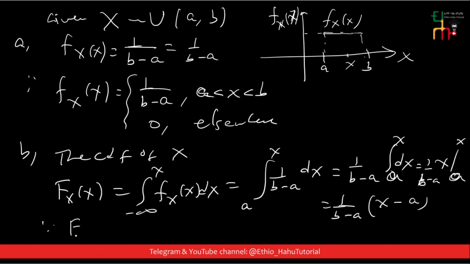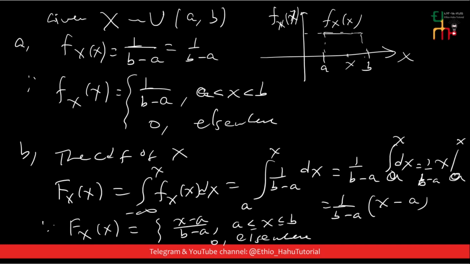Therefore, the cumulative distribution function CDF of x is equal to x minus a over b minus a for a less than or equal to x less than or equal to b, and 0 elsewhere.